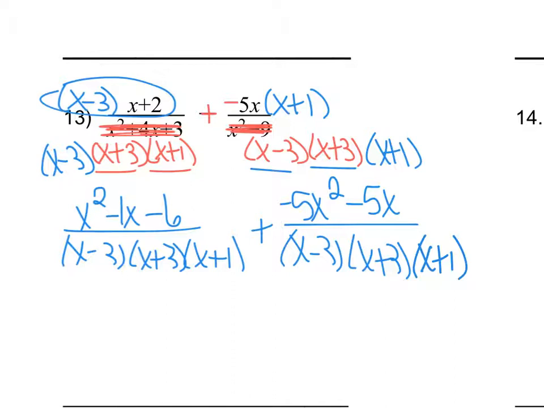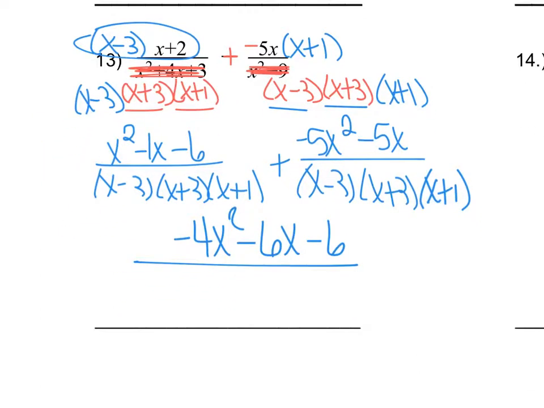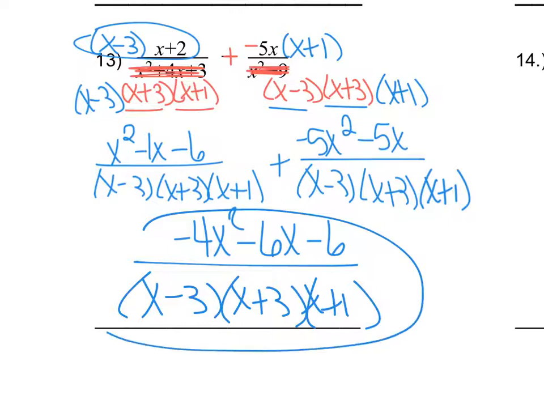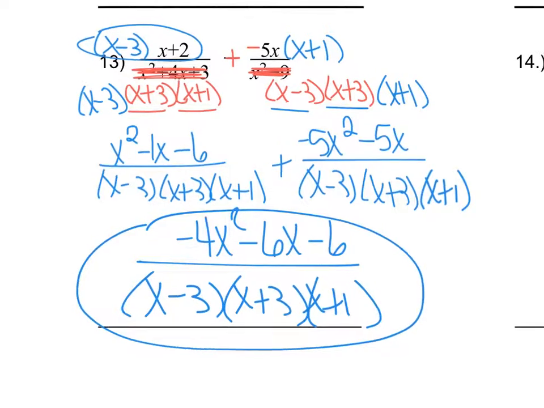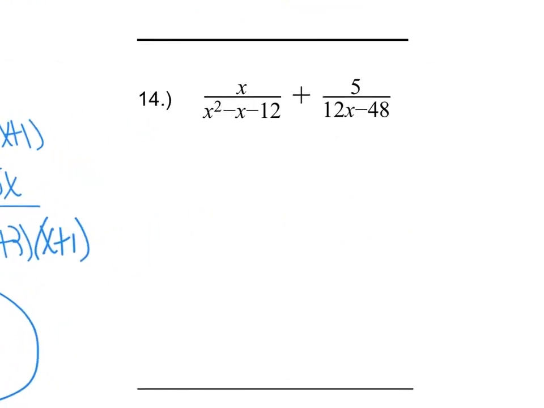Then I combine my like terms in the numerator, and I end up with negative 4x squared minus 6x minus 6 all over x minus 3, x plus 3, x plus 1. So our answers aren't always going to be real simple answers here.